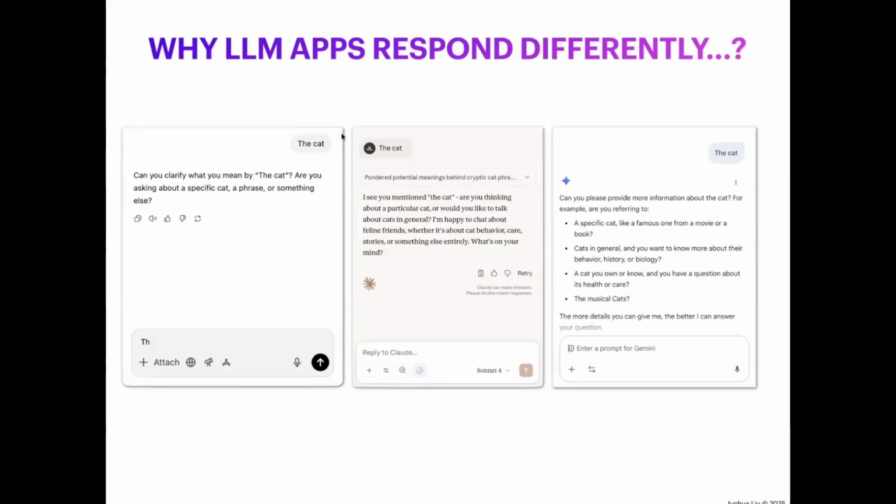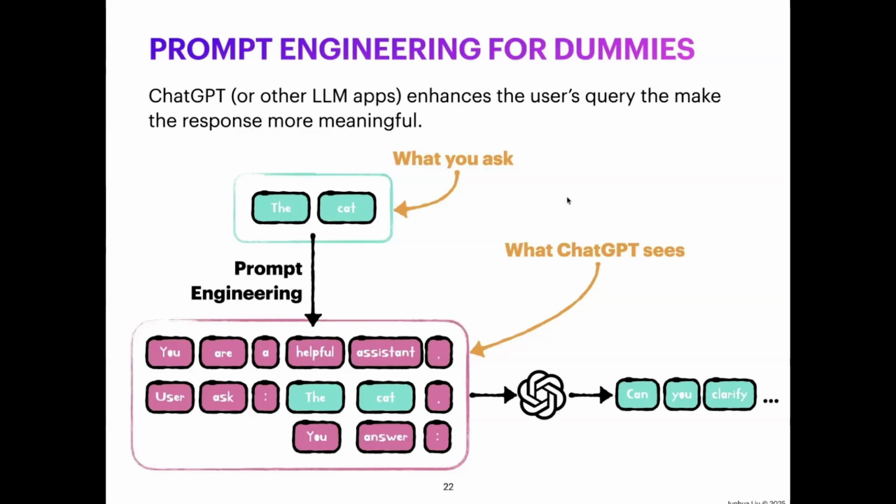And this happened because of this notion of prompt engineering, right? Although we, as a user, pass in the cat into the large language model, ChatGPT or other LLM apps actually enhance the inputs by putting in a lot of other instructions wrapping around the inputs we have. So before the text actually goes into GPT, ChatGPT will put in some overarching prompts.